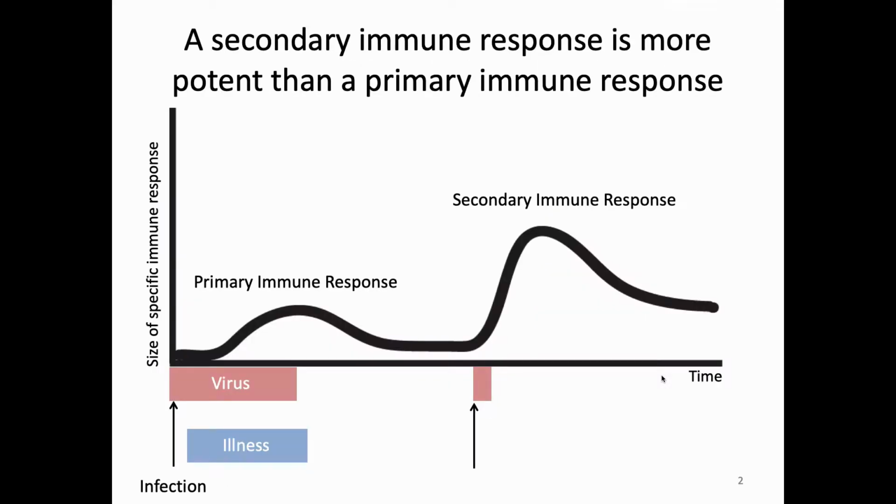We started talking about memory responses. We can also think of a memory response as what we call a secondary response. Recall that with the secondary response, we are seeing our second exposure to a pathogen, in this case a virus. This will lead to a faster response, as well as a response of greater magnitude.